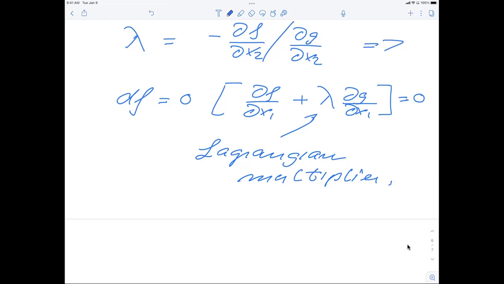So the final story is that you can replace your original function f with a function f plus a new function which is multiplied by this parameter lambda. What you see here is a kind of mini motivation for why you get these so-called Lagrangian multipliers.